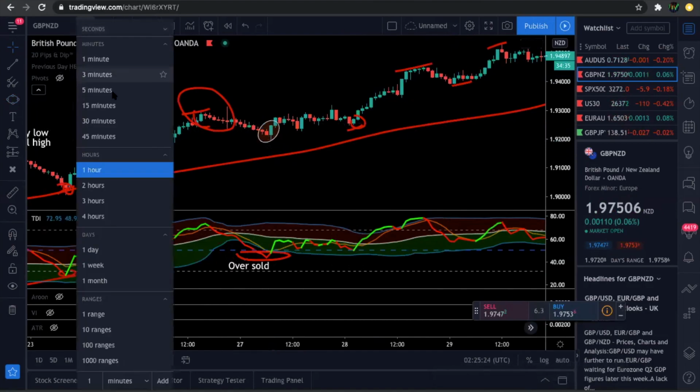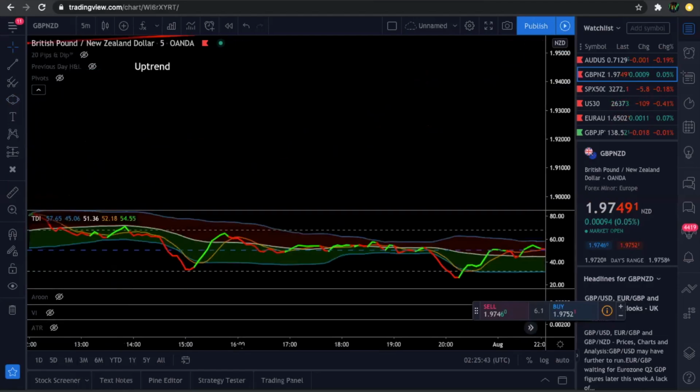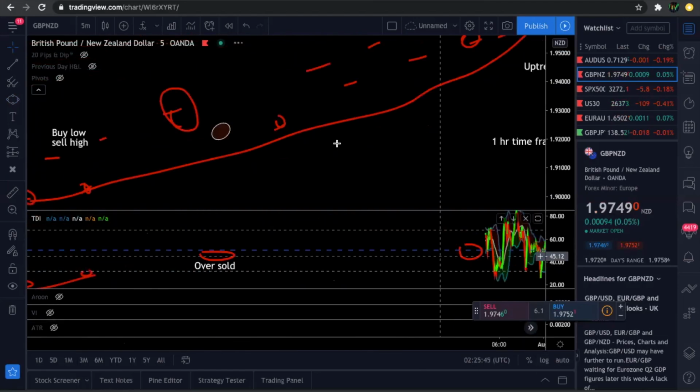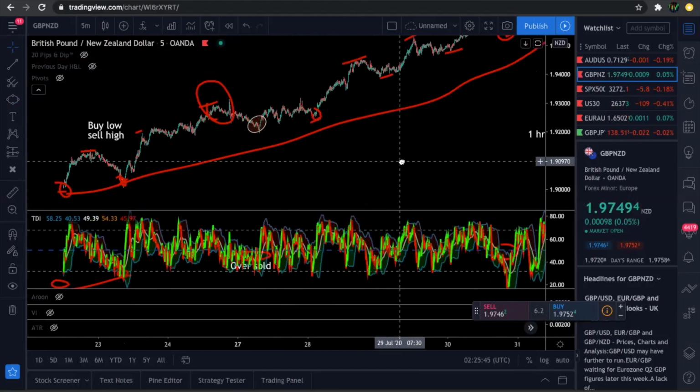Why do I go on a 5-minute time frame? Because anything lower than the 45-minute time frames are just entry time frames. These are what we call entry time frames. So the 1-hour time frame is our analysis time frame, and the 5-minute is our entry. Okay. So we go on our 5-minute, and we look for the area that we circled.